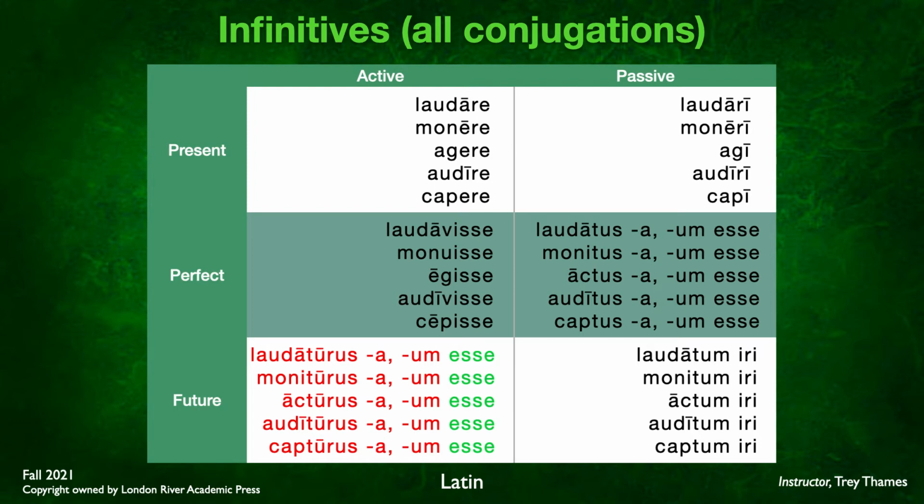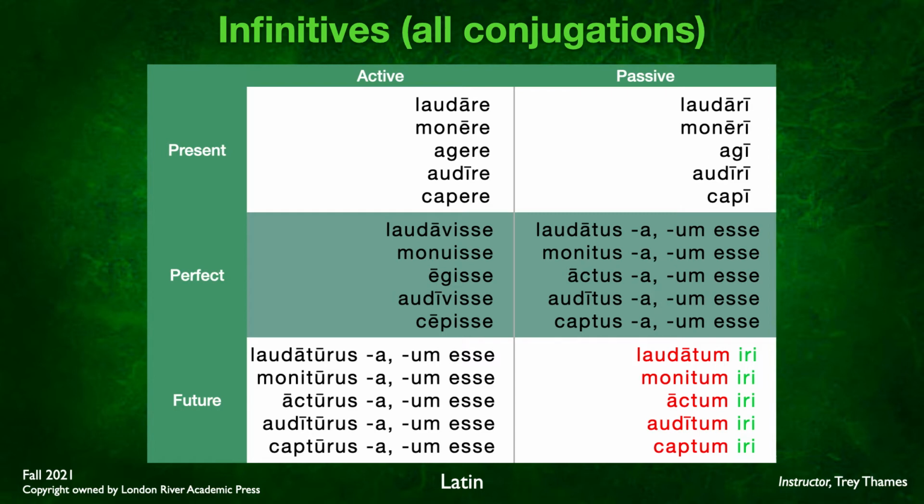And then finally, a form that is rarely used, and I don't think there's ever any usage of this in the Wheelock's textbook, but the future passive infinitive, which makes use of the supine, and you have not learned the supine yet. We've not covered that. That won't be covered in Wheelock's until chapter 38, I believe. So this is the supine, which basically is based off of the perfect passive participle neuter form.